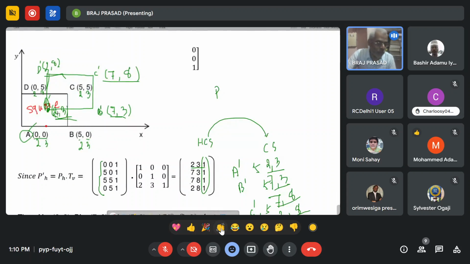Manually you can calculate for 2, 3, 4, 5, or 10, maximum 50 different points, but with the help of the mathematical formula we can calculate millions or trillions of coordinates in a second or in a few minutes. So this is the concept of the homogeneous coordinate system. I think now it is clear to you why we use this formula.